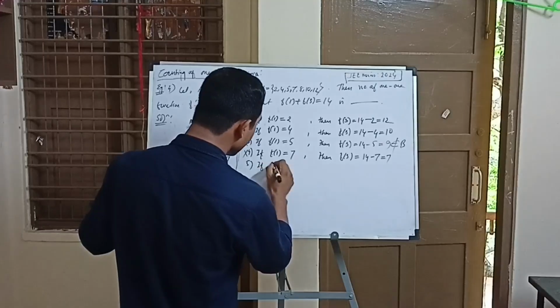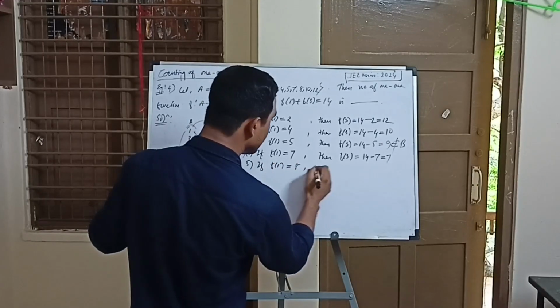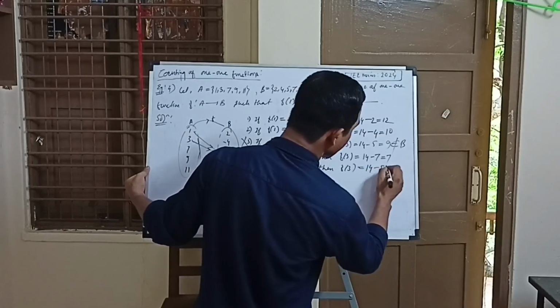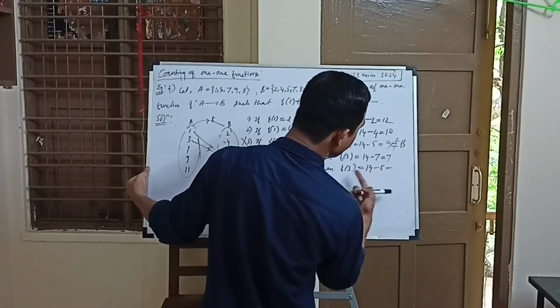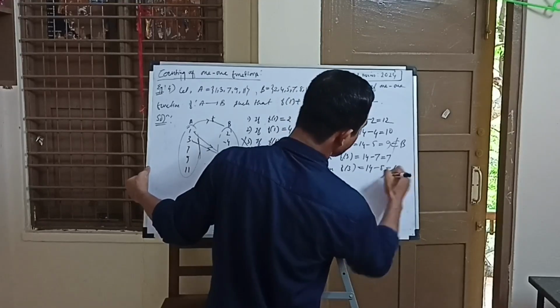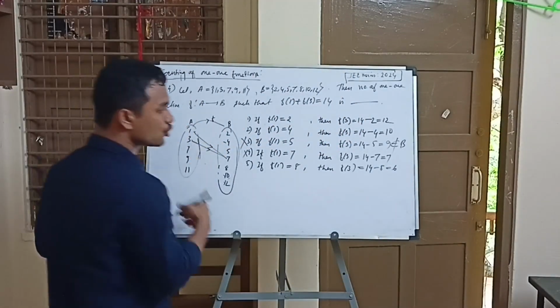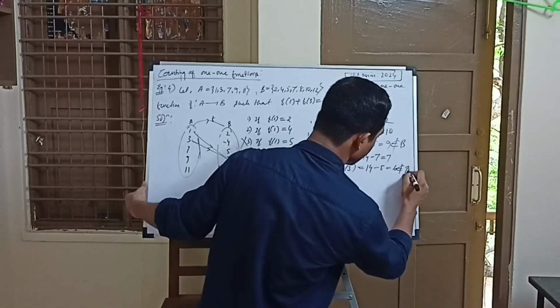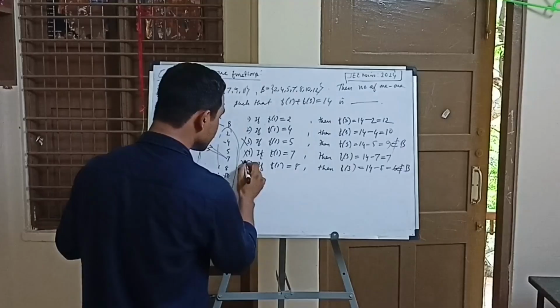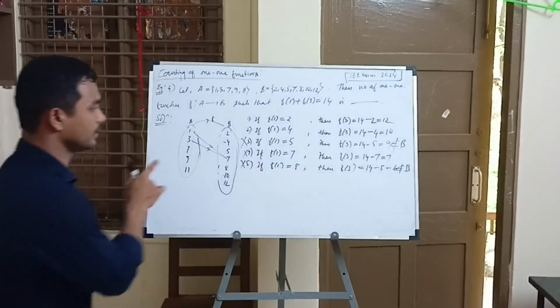Case 5, if f of 1 is 8, then f of 3 is 14 minus 8, which is 6. Correct? 6 does not belong to B. So this case is not possible. It is an impossible case.